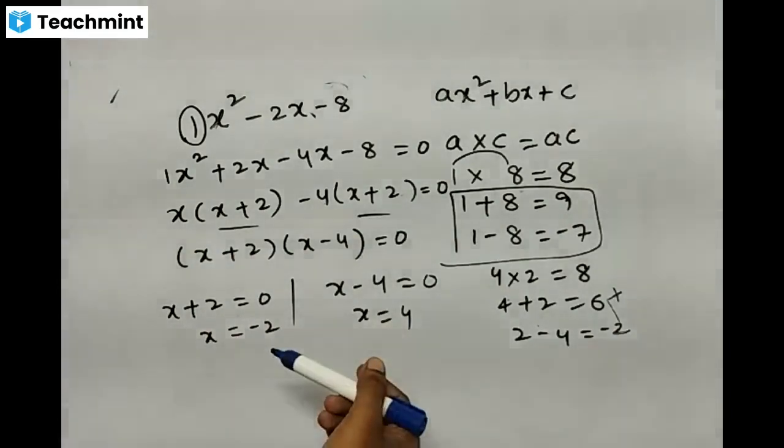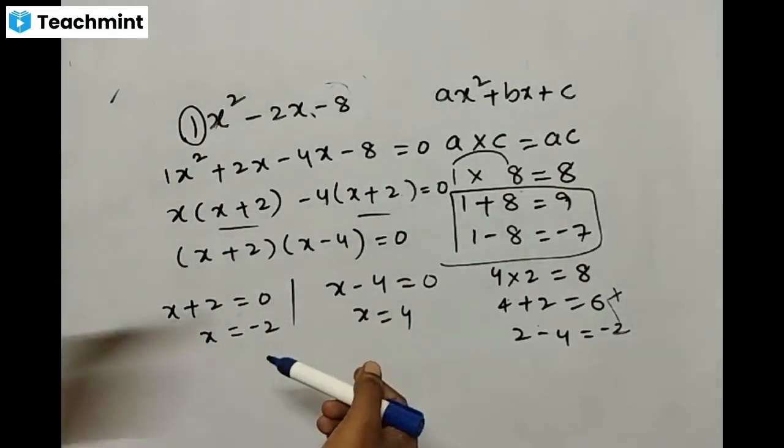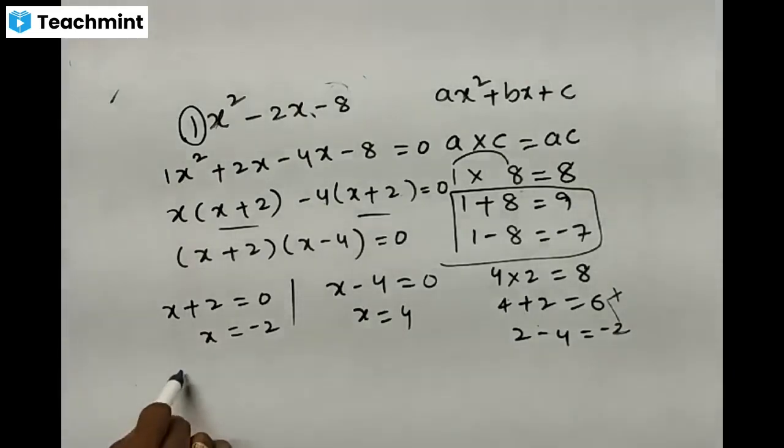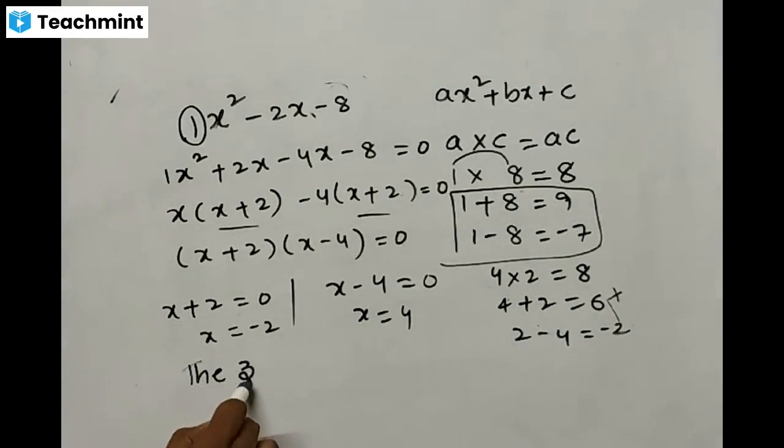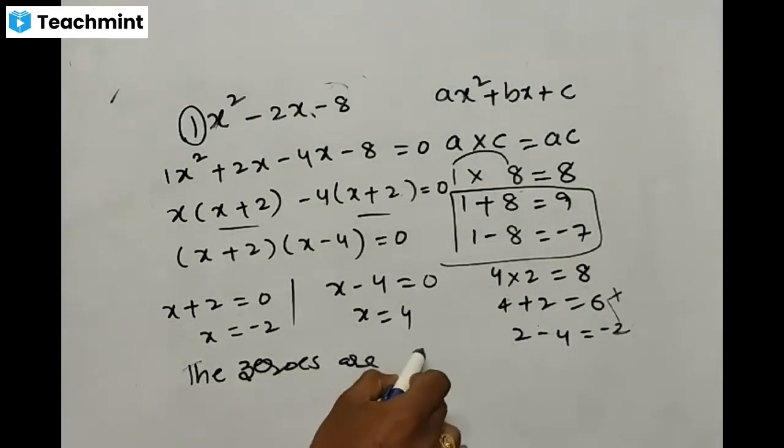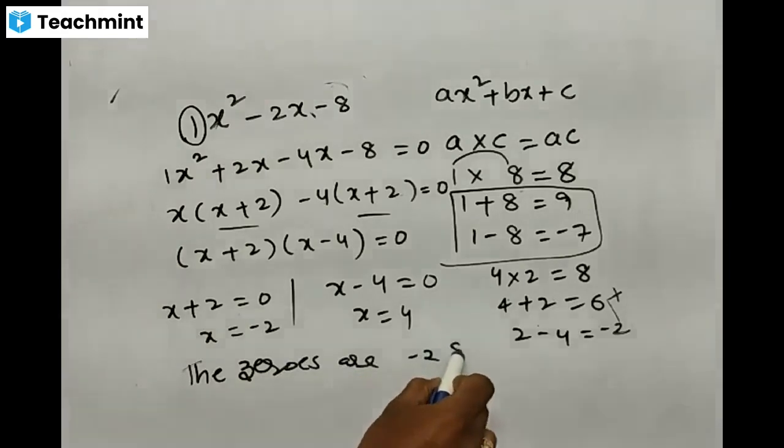So these are the two zeros of this polynomial. Therefore the zeros are -2 and 4.